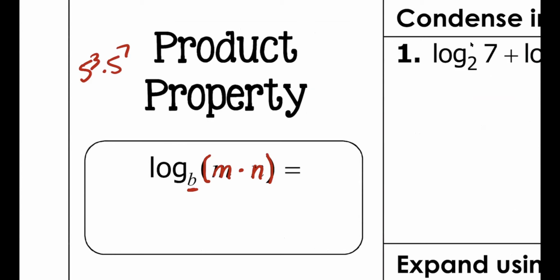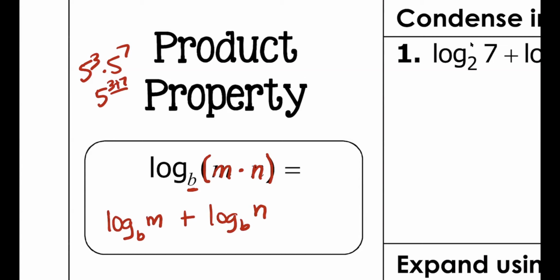For the exponent property, we add them. This becomes 5 to the 3 plus 7. Well, the same thing here. When I have the log of a product, I am going to add the logs, or add the exponents. So the log base b of m plus the log base b of n. We're adding the exponents, we're adding the logs. That's the product property.